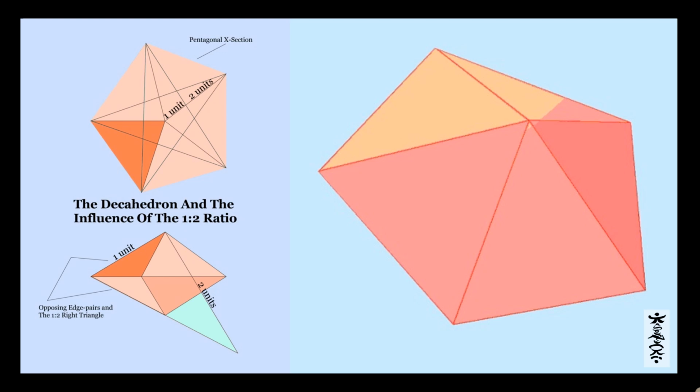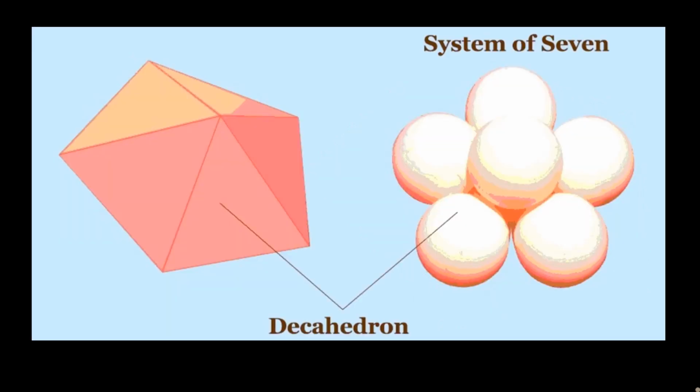It consists of 7 points and 10 equilateral triangles. A complementary version sees the 7 points as the centers of 7 spheres. Compare the form of this simple system of 7 spheres with that of an 8-sphere system, known as the star tetrahedron.